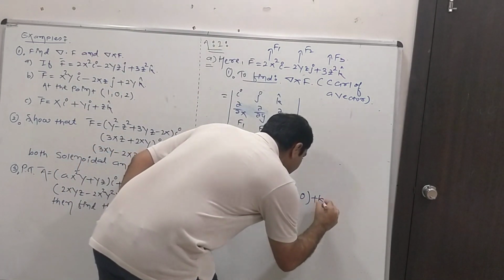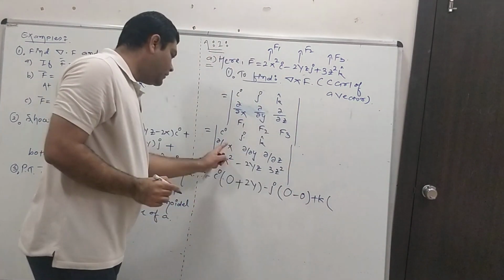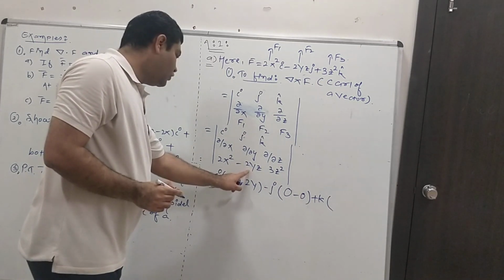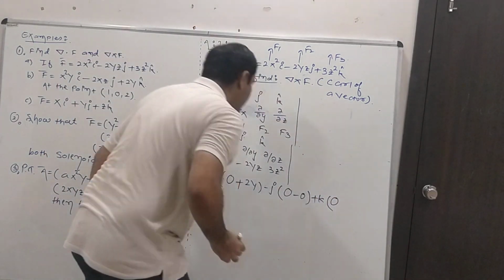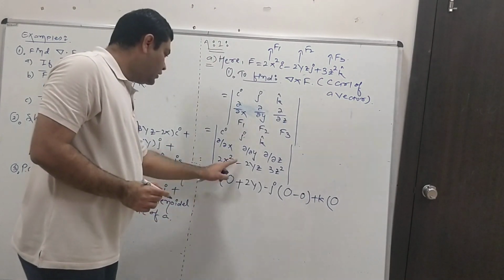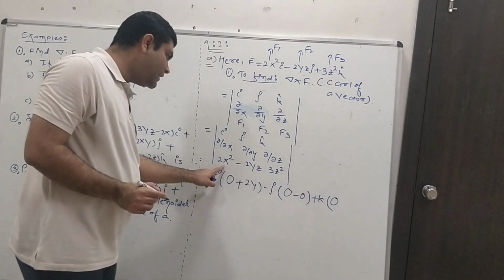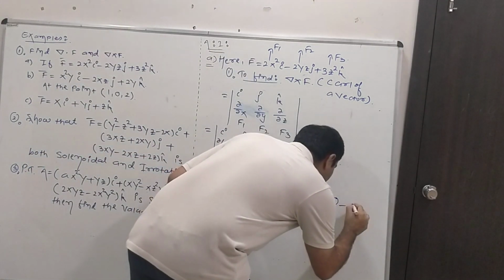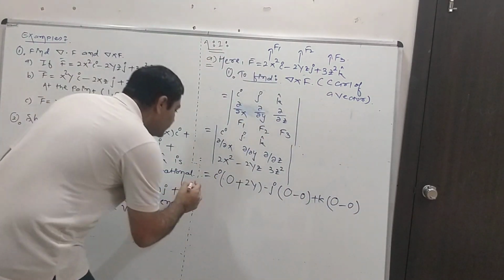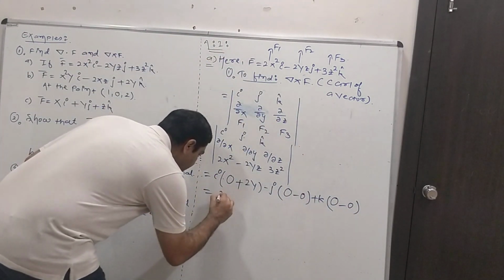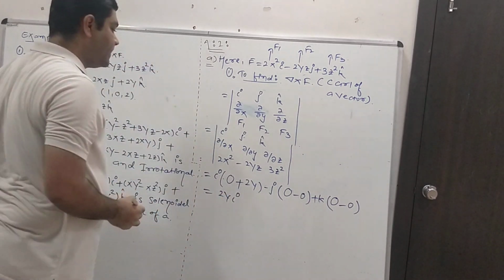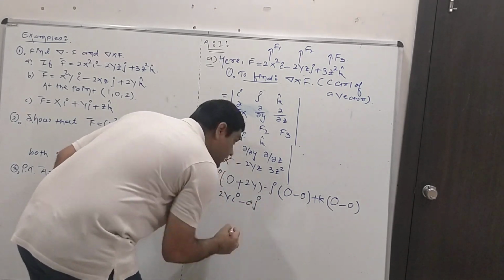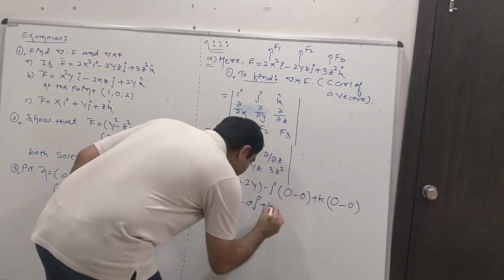Then plus k in the bracket, again cross multiplication with respect to x. With respect to x, there is no x, so this becomes 0. And here it is with respect to y, but there is no y in this function, so this becomes 0. So you can write 0 plus 2y, that is 2yi, minus 0j plus 0k, students.